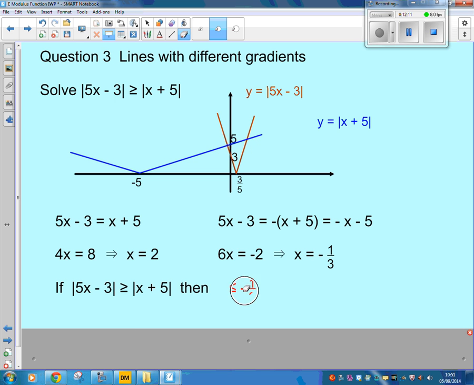I need to be to the left of or equal to minus a third, so x is less than or equal to minus a third, or I want to be to the right of or equal to there, which was where x was 2. So x is greater than or equal to 2, or it's less than or equal to minus a third. And those are our solutions.